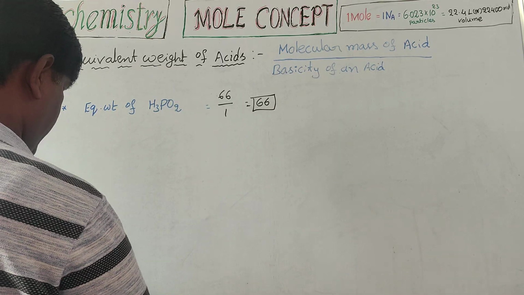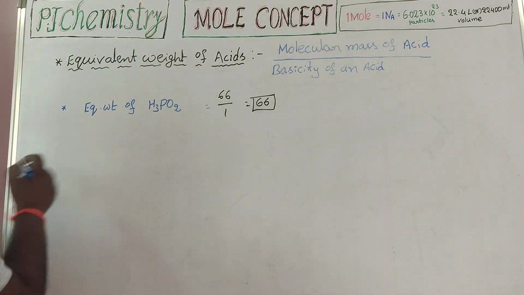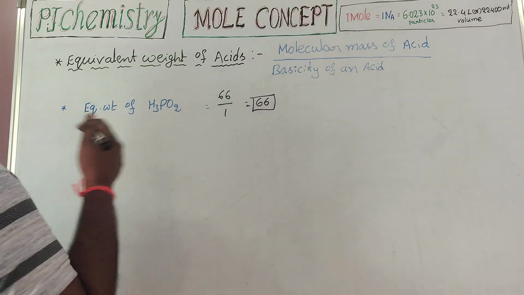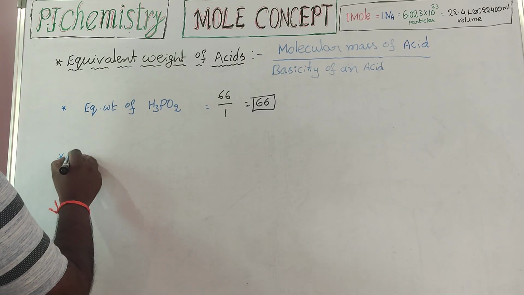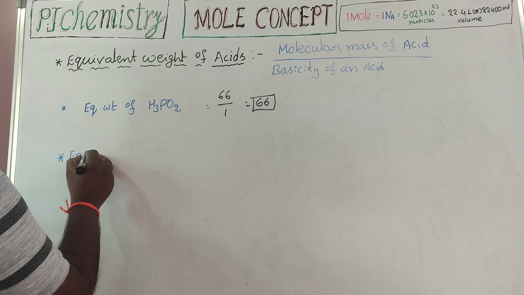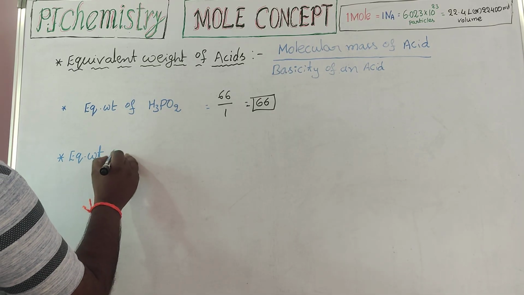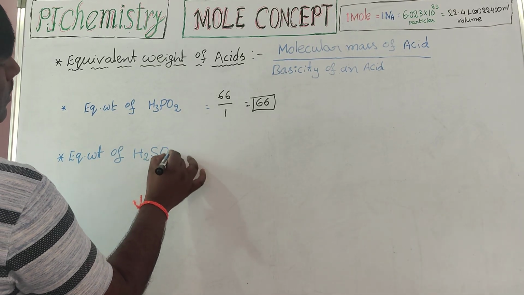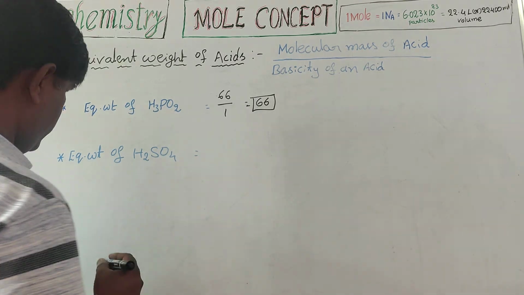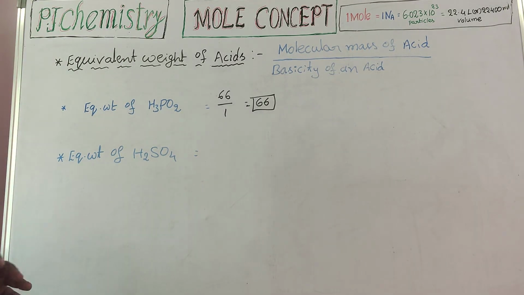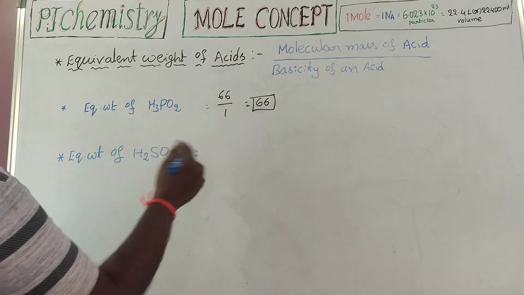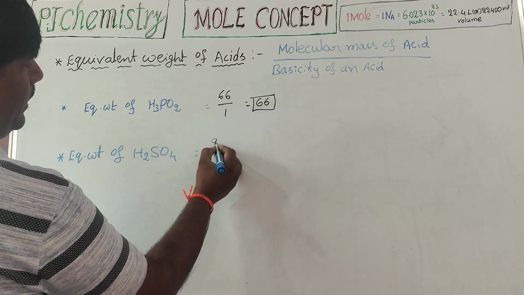Now find out the equivalent weight of sulfuric acid, H2SO4. Here the molecular mass of H2SO4 is 98.